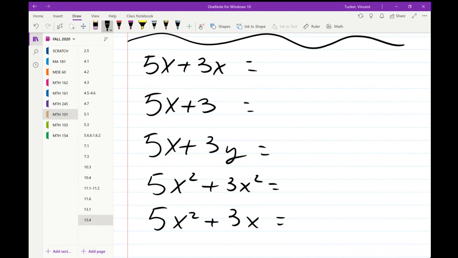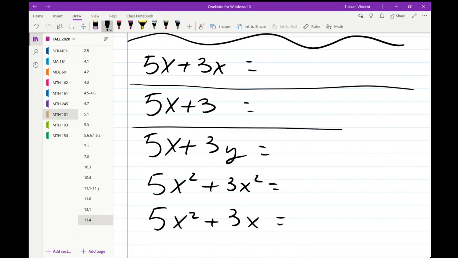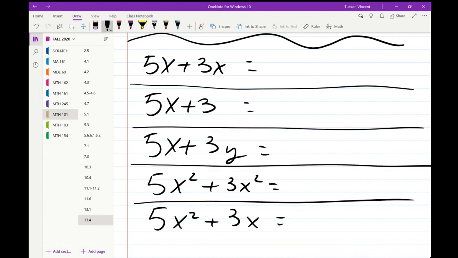All right, so here we just have terms, just to make sure we're okay with what we can add and what we cannot add. Same thing goes for subtraction. 5x plus 3x is going to be 8x. They are like terms. 5x plus 3 is already in lowest terms. 5x plus 3y is already in lowest terms.